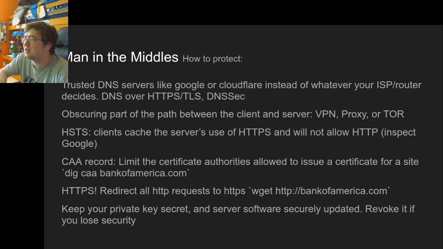Because odds are, if you're using your Comcast router still, that your Comcast router sets the DNS servers used by your entire network. So you could say that I'd really rather not use Comcast DNS servers, or DNS servers that are set by Sketchy Coffee Shop Incorporated, right? I'd rather set it to Google or Cloudflare or whatever else.